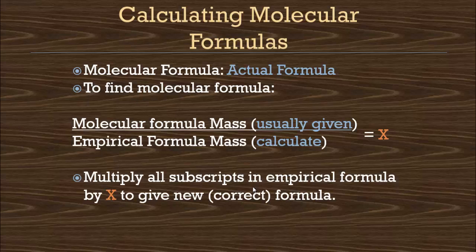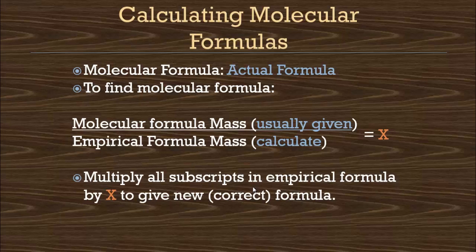This is the one that you're going to calculate. So you're going to have found the empirical formula, and then we're going to look them up and add them up, and we're going to calculate this. Divide the two, and that gives you a number x. And then you multiply all of your subscripts in your empirical formula by this number x, and that is going to give you the correct formula.